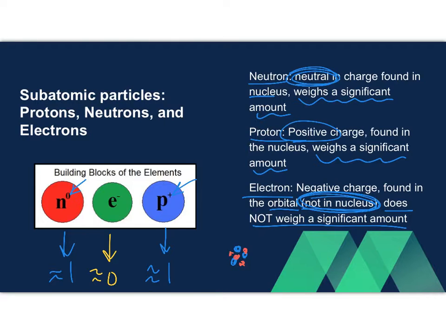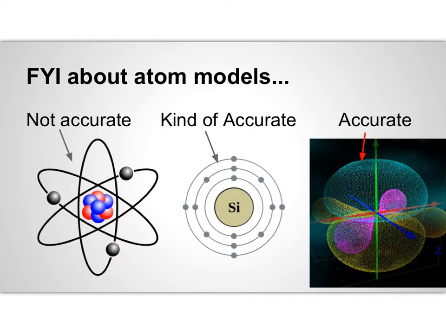And its electrons, it has 3 of them, but they're so incredibly lightweight that they hardly weigh anything, meaning that the weight of a lithium atom is essentially 7. It's all the protons here and the neutrons here added up. That's how we figure out how much an atom weighs. So again, neutrons are neutral, they don't have any charge, protons are positive, and electrons are negative.